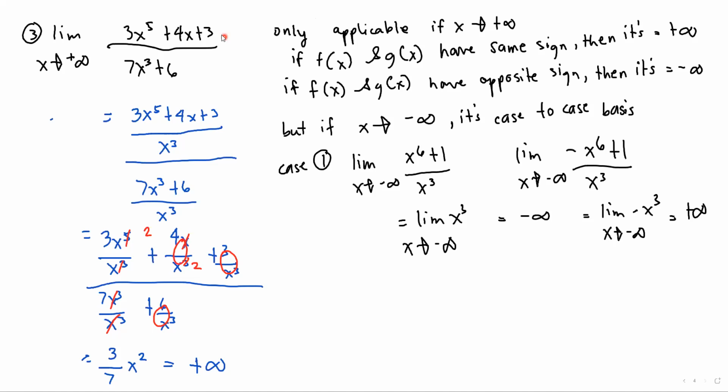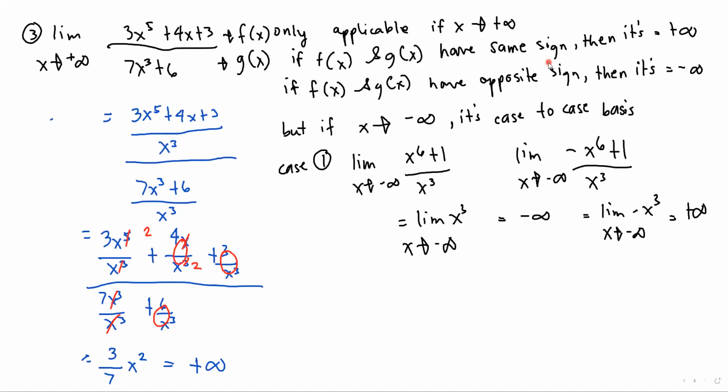If f of x and g of x have same sign, then it is equal to positive infinity. If f of x and g of x have opposite sign, then it's negative infinity.